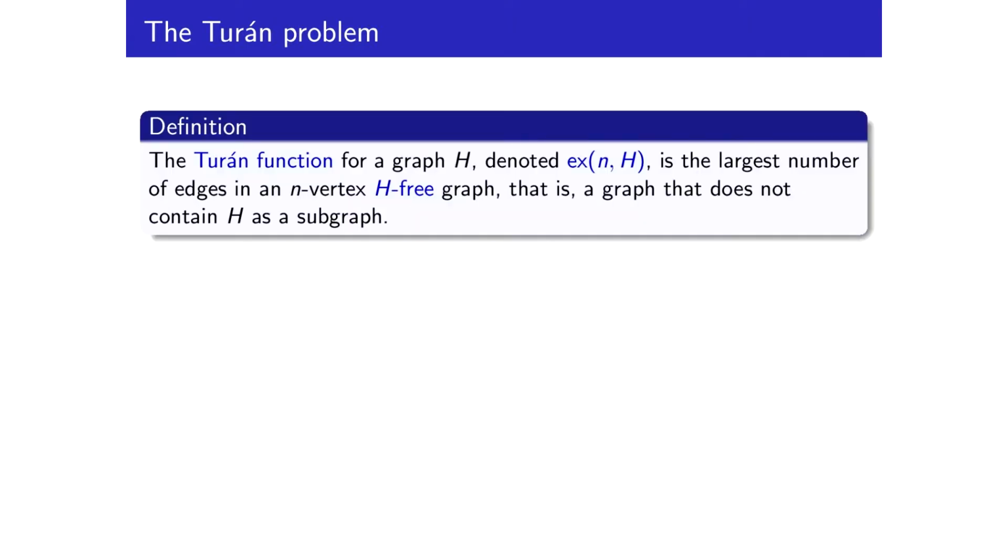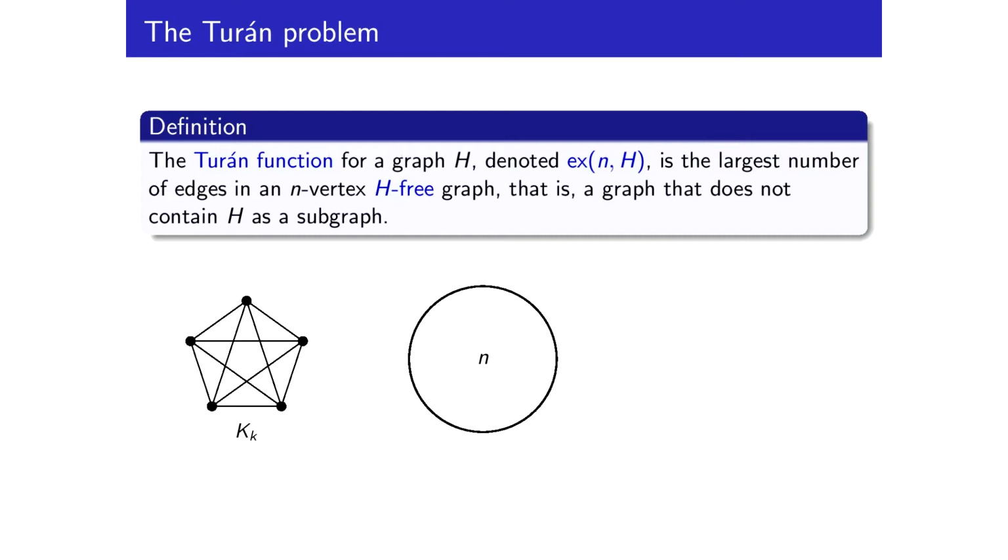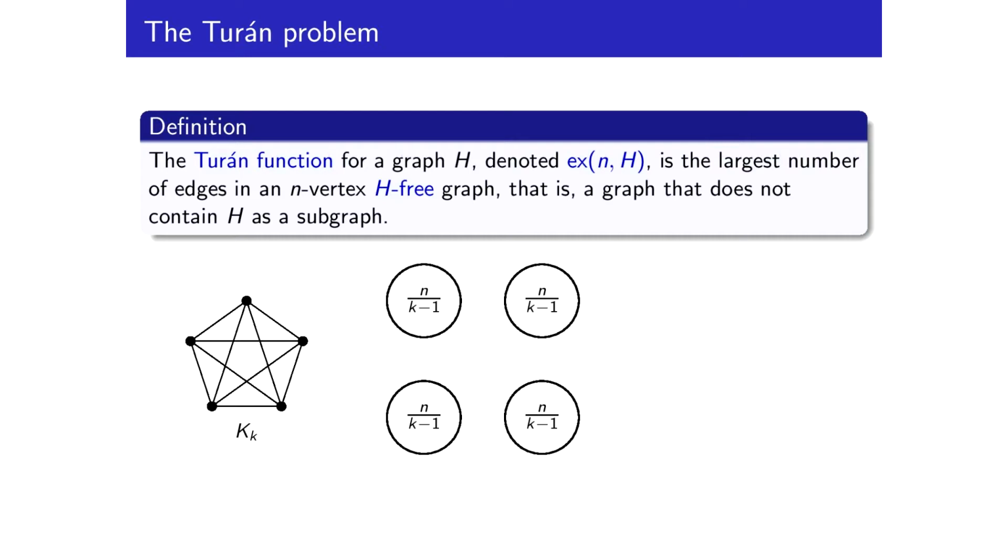So now I turn to the topic that I promised in my abstract, the Turán problem. The Turán question is the following: if you have a graph H, then ex(n,H) is the maximum number of edges in an n-vertex H-free graph, and if H is the complete graph K_k, then Turán's theorem states that this maximum is achieved the way that you partition the vertices into k-1 sets, and you put all possible edges between the parts.